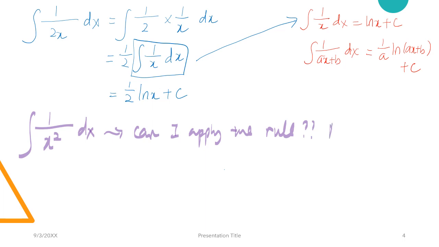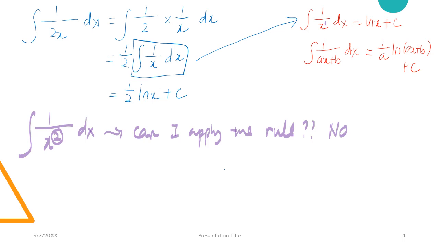The answer is no. If you look at the rule carefully, it's 1 over x to the power 1. It must be x to the power 1, but what you have here is power 2. So in this question, you cannot apply the rule.